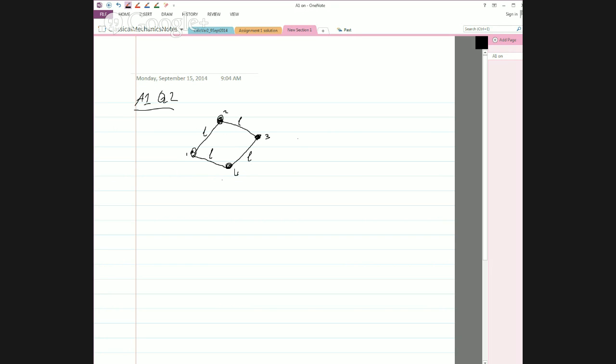What you're actually asked to find is the kinetic energy, which we'll call T. And T is going to be the sum over i of a half m v_i squared, where v is the speed of each of these guys, right?